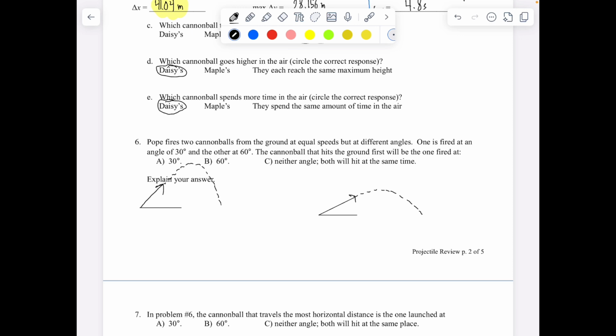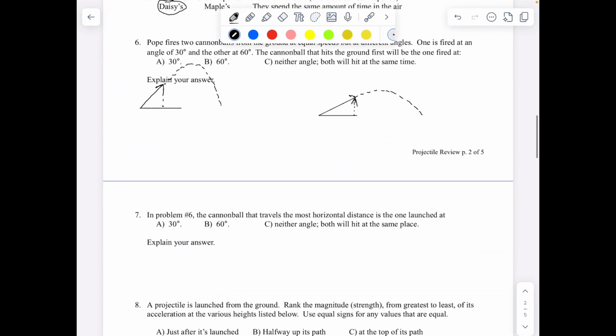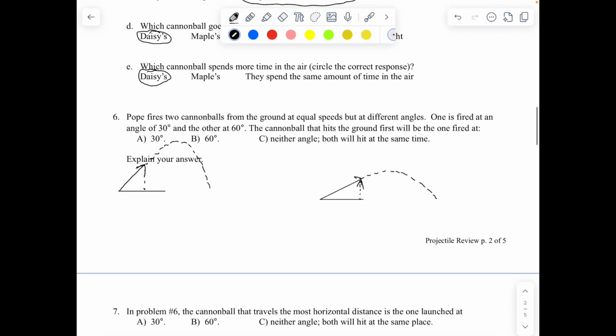So, we know the one with the steeper angle is going to have a greater initial velocity in the vertical direction. We could break this down into our components for our velocities. Whatever has that bigger angle, it's going to have, again, the bigger initial velocity vertically.